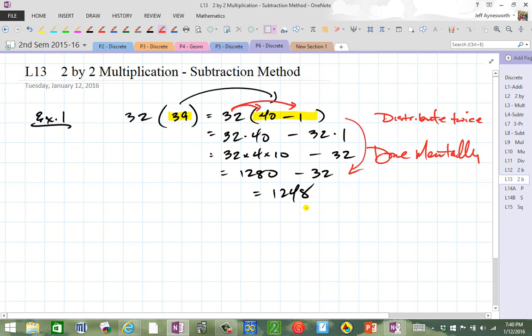Then your last step is subtract. So you multiply twice and subtract, that's all you do. Distribute twice, which means multiply twice. And then step 2, you subtract the results, and then you are done. That's all you have to do.